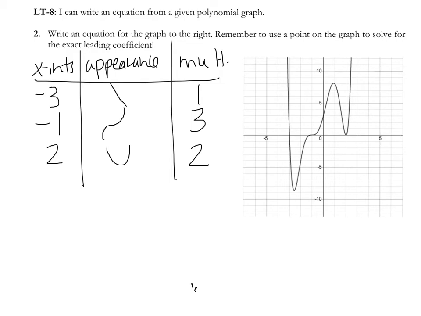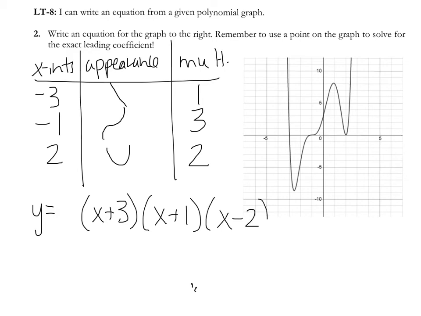So we can sort of get started setting up our equation. If -3 is an x-intercept, then x plus 3 needs to be a factor. If -1 is an x-intercept, then x plus 1 needs to be a factor. And if 2 is an x-intercept, then x minus 2 needs to be a factor.